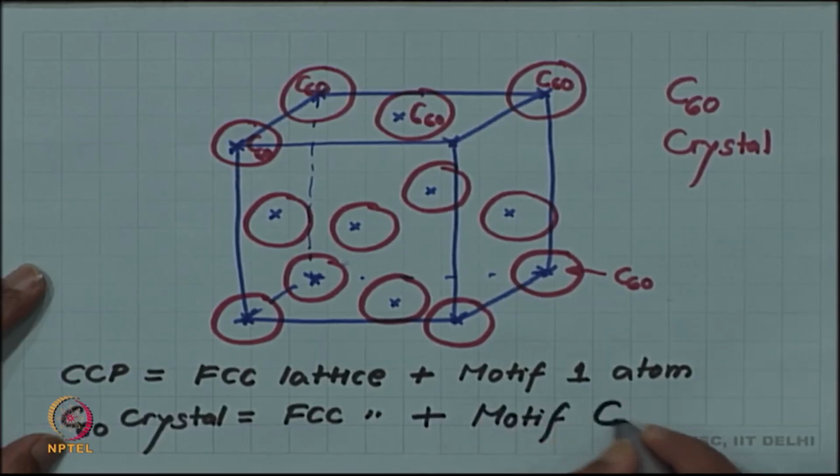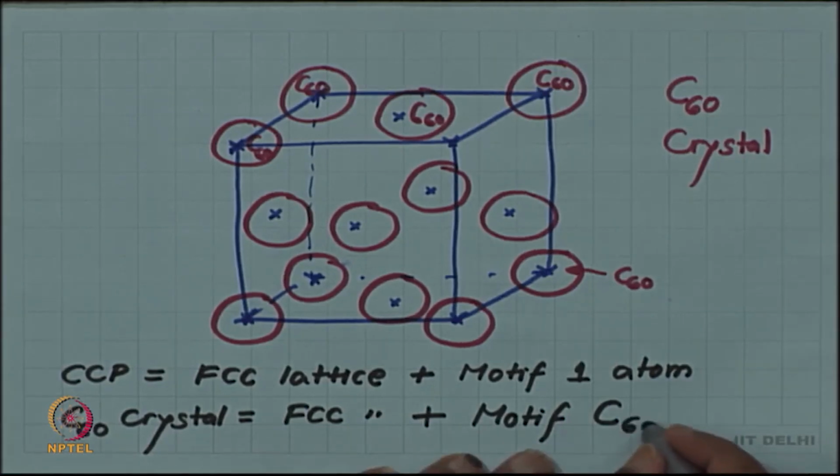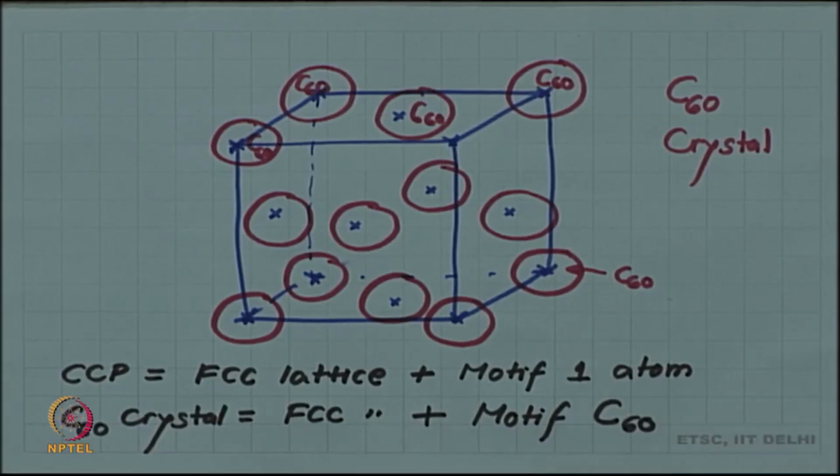So, although the lattice can be only one of those 14 Bravais lattices which we have discussed, the motif can be quite complicated, and this is one of the examples, where a 60 atom carbon molecule, the fullerene molecule, is being used as a motif on an FCC lattice.